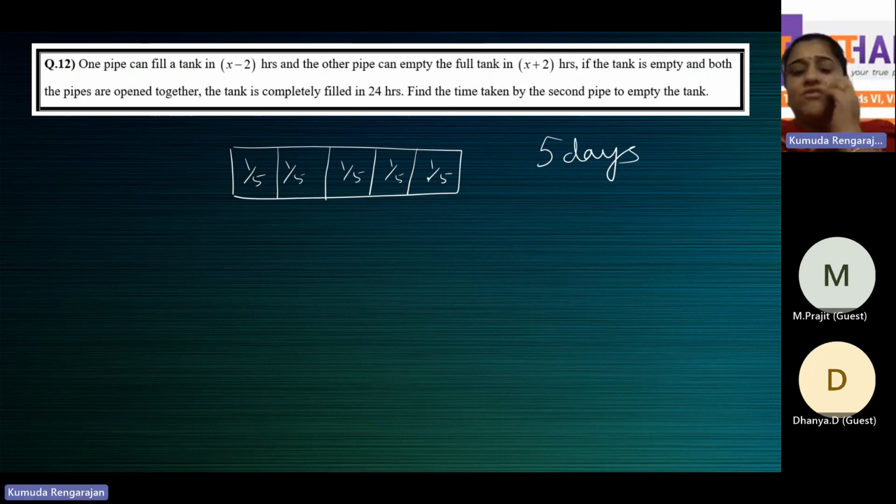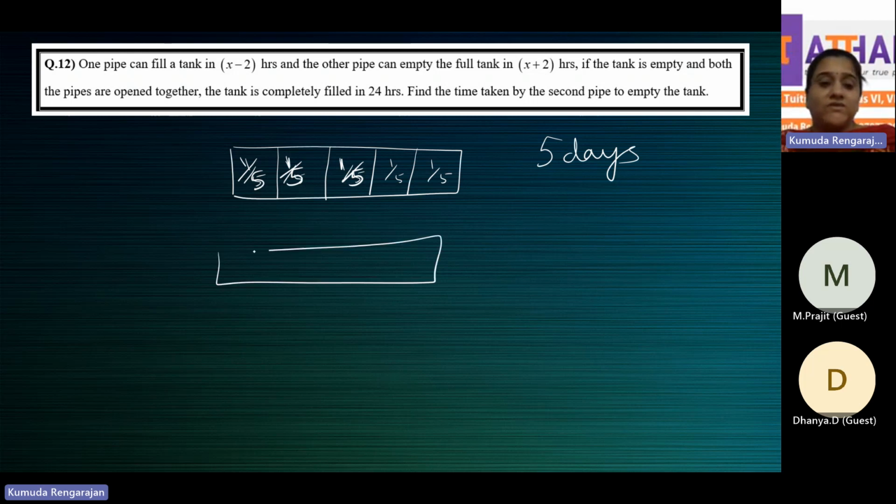If you can finish a piece of work in 5 days, that means you're dividing that work into 5 equal portions, and you're completing 1/5. This is one portion out of 5 portions. Correct? Now, as a fraction, we'll say that this is 3/5. That is different. Don't get confused.